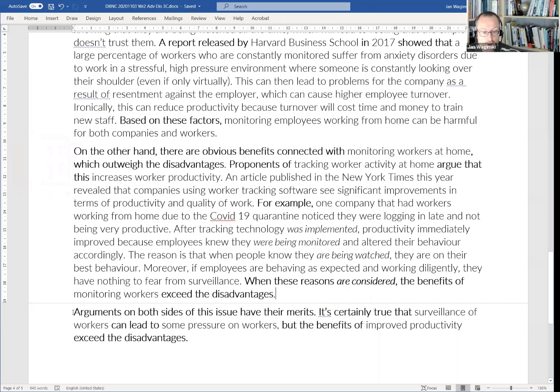In conclusion, arguments on both sides of this issue have their merits. You can use this sentence in a million different topics. It's certainly true that surveillance of workers can lead to some pressure on workers, but the benefits of improved productivity exceed the disadvantages. Okay, so we do acknowledge the first side, but then we restate the thesis that the benefits exceed the disadvantages.